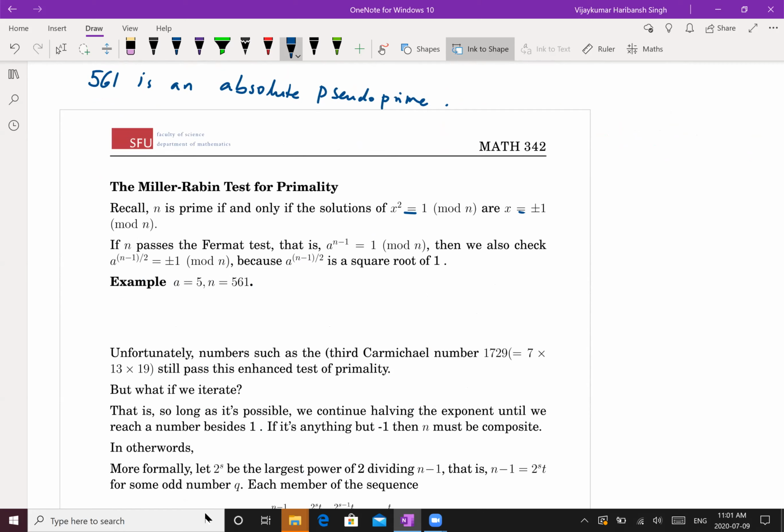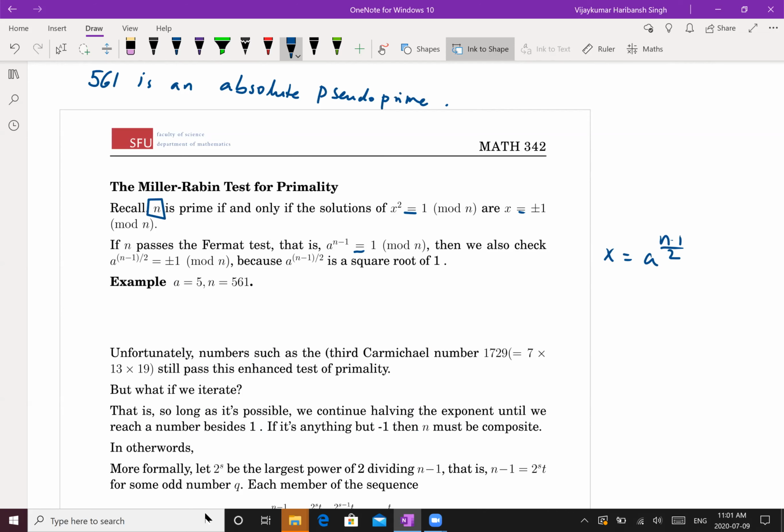So in case we have a number which passes Fermat's test, which is a to the power n minus 1 congruent to 1 mod n, then we should check x equals a to the power n minus 1 divided by 2. Note that we are interested only in odd numbers here, because for 2, we already know there is only one even prime, which is 2. But if n is odd, then you can look at n minus 1 divided by 2 and see what happens.